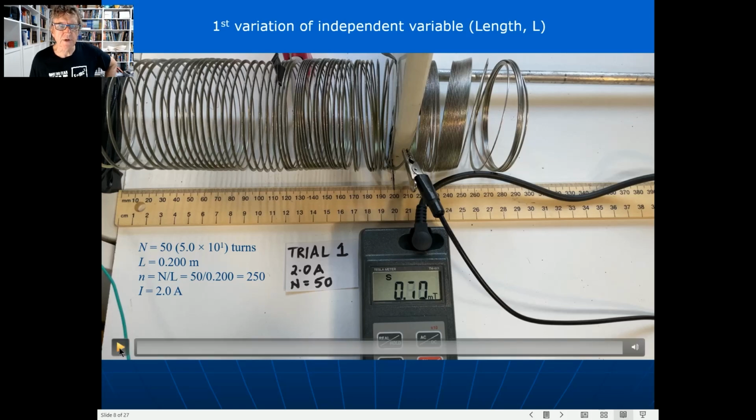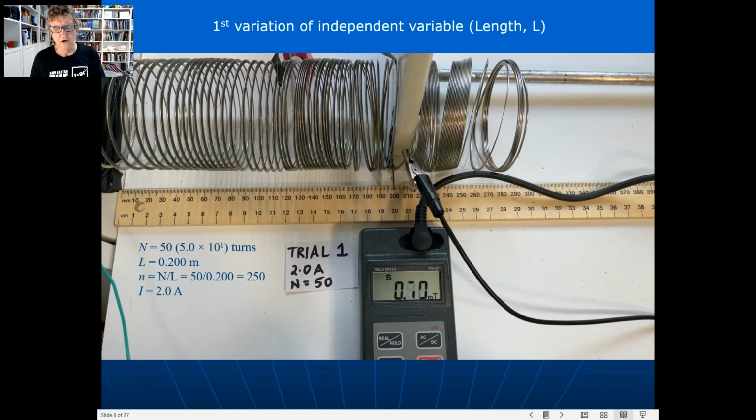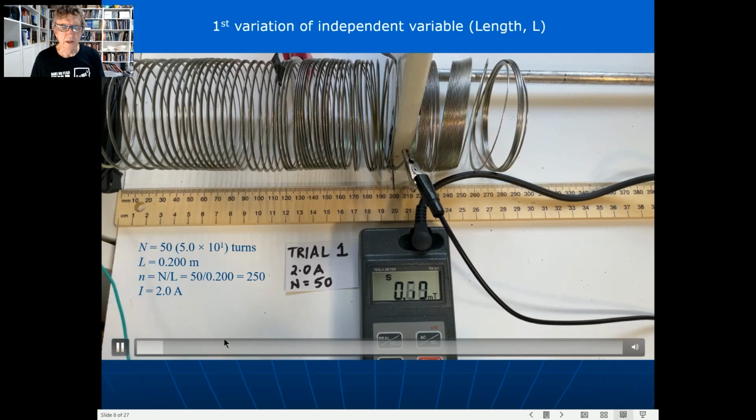Okay, now I'm going to start it. I'm going to keep stopping it all the way through. So when I press play now, I've had it going with the 2 amps going through it, and you'll see a reading on the screen as something like 0.69, 0.7, something like that. And you'll notice the unit is millitesla. So that's by 10 to the negative 3. Okay, so here we go.